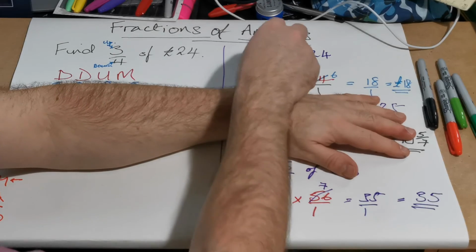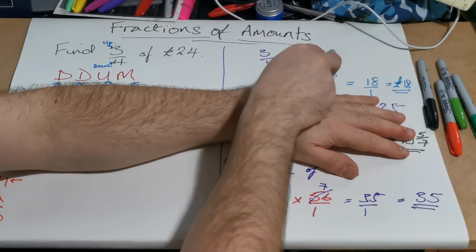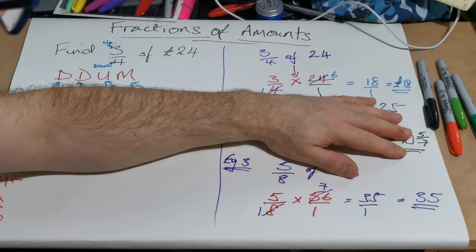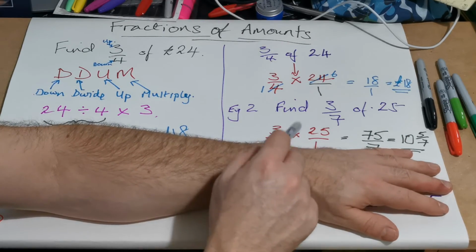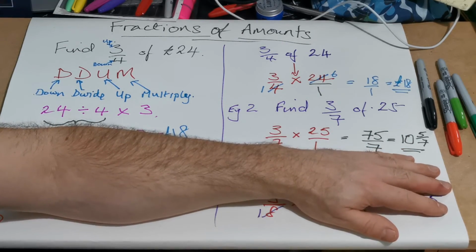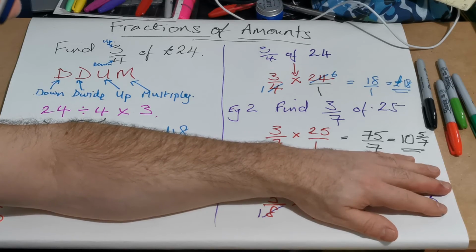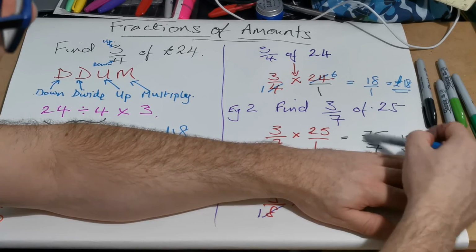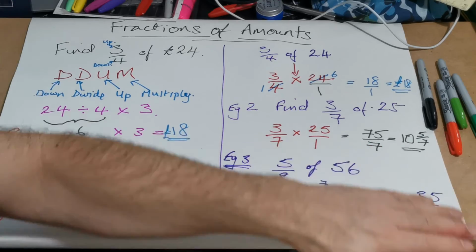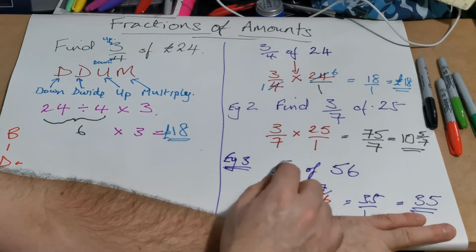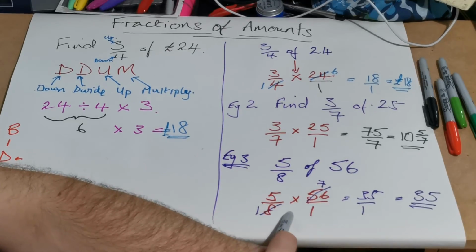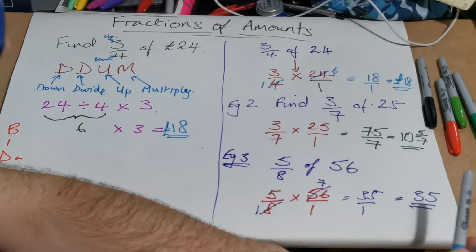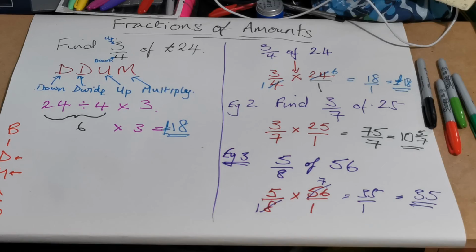So here, 3/4 times 24 over 1, cancel down, multiply. 3/7 times 25 over 1, nothing to cancel, so we just had to multiply and then change this top heavy fraction into a mixed number. And here 5/8 times 56 over 1, cancel where we can, multiply, and it's nice and easy.